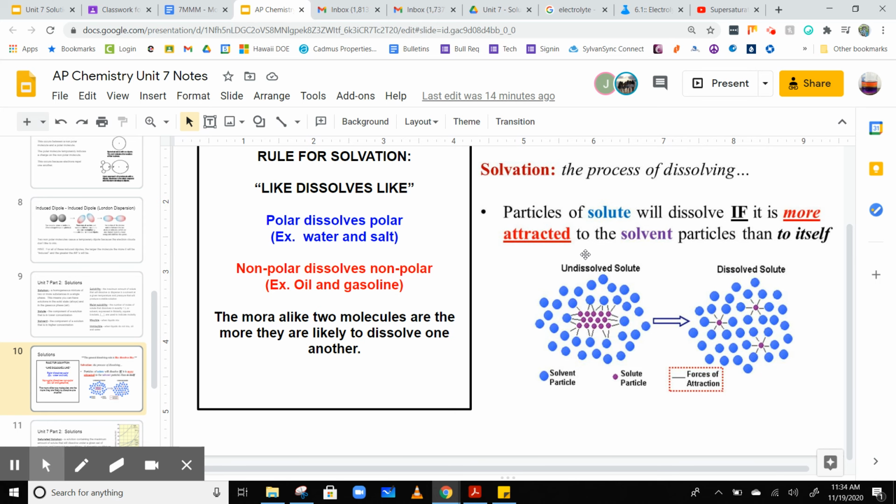But they have to be either more attracted to the solvent or equally attracted. They can't be really less attracted, because it will work if they're the same attraction. In general, the idea is that the more alike they are, the more they're going to dissolve with one another.